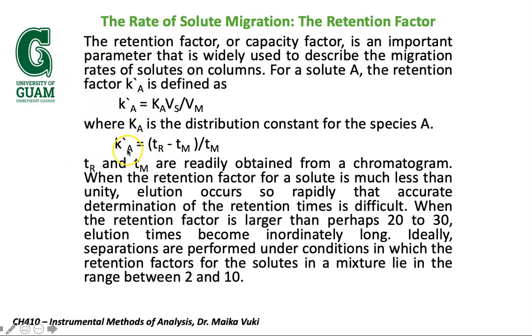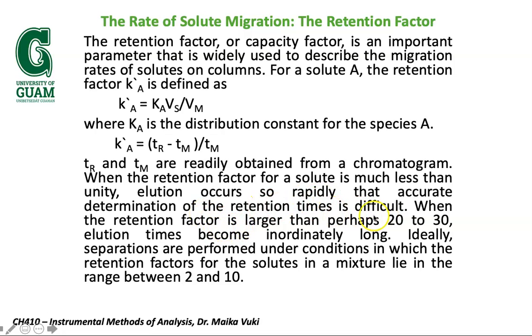The retention factor of A is essentially the retention time of the component minus the dead time, Tm, divided by Tm. All these terms you can obtain from the chromatogram fairly easily, from the retention times of the mobile phase and the analyte.